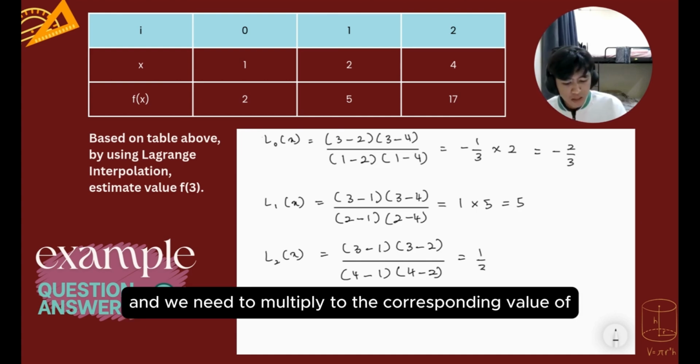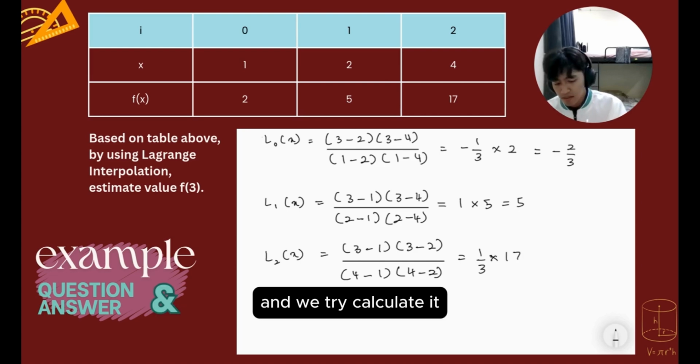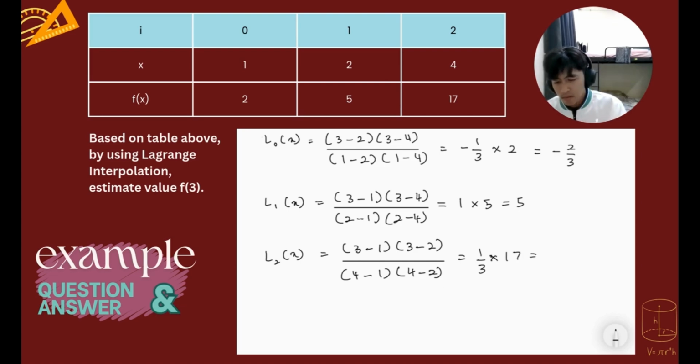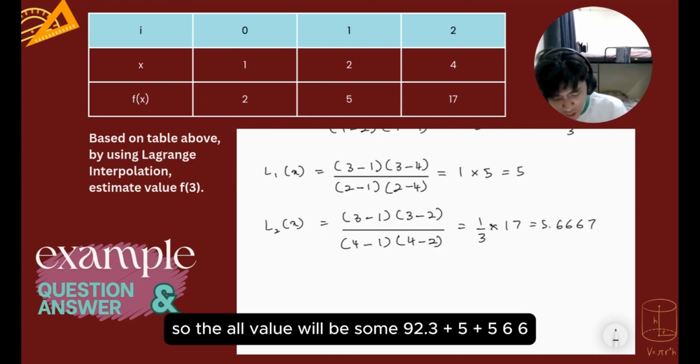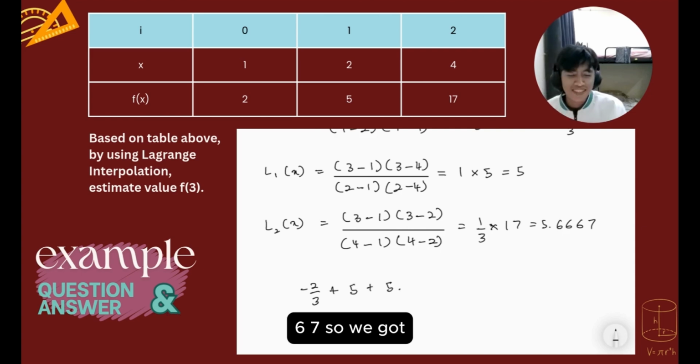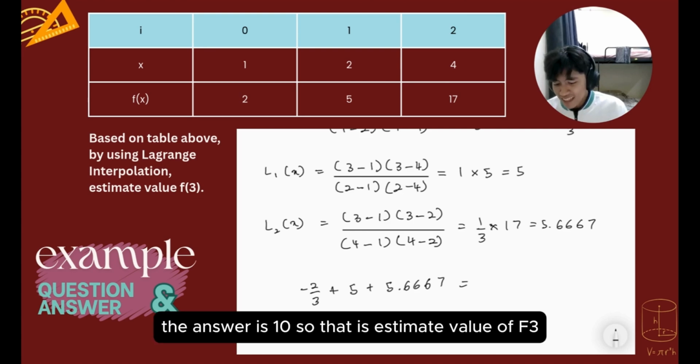We need to multiply by the corresponding value for 4, which is 17, and we get 5.6667. So the whole value will be the sum of negative 2/3 plus 5 plus 5.6667, so we get the answer 10. That is the estimated value of f(3).